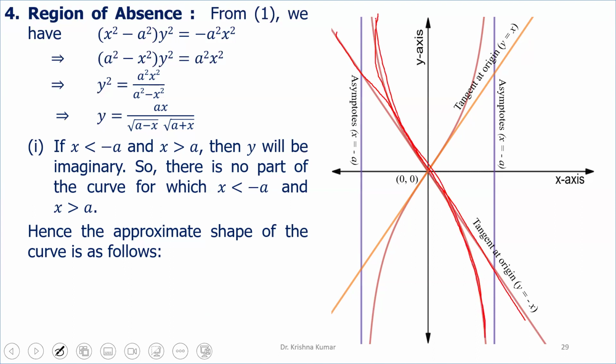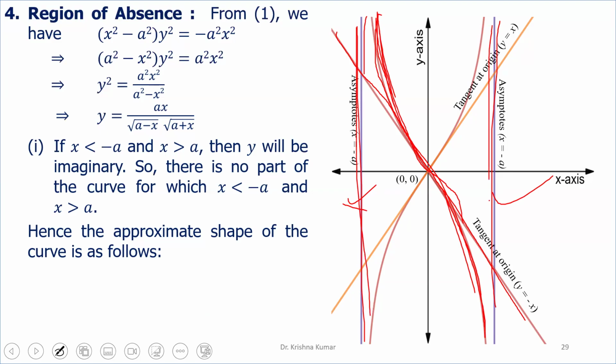And since the lines x equal to a and x equal to minus a are asymptotes, the curve will never intersect these straight lines, this one and this one. So ultimately, the curve will only lie in between x equal to minus a and x equal to plus a. There is no other part of the curve.